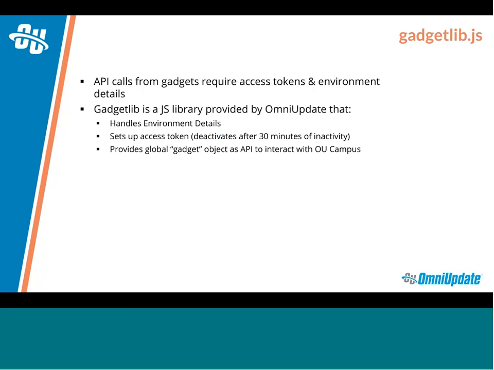And it provides a global gadget object as an API to interact with OU Campus. This is something that we'll explore as we look at the technical aspect of this. And in that gadget object, we will see methods that we can use to interact with the metadata API as well as other utility functions.